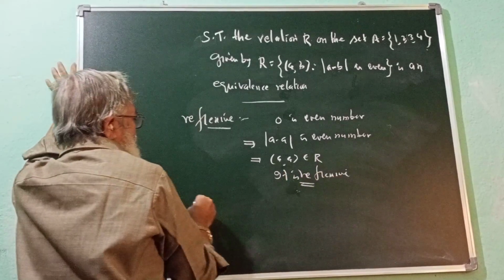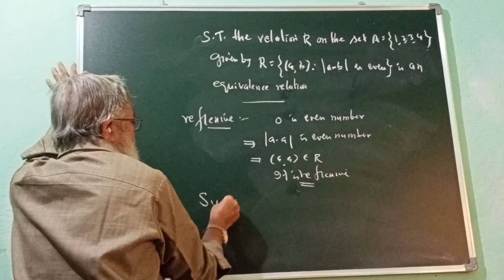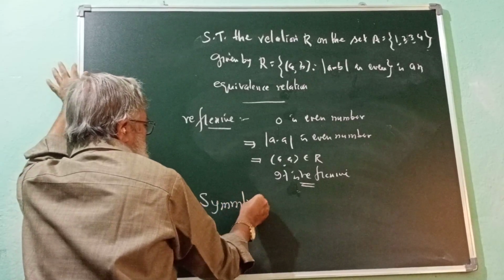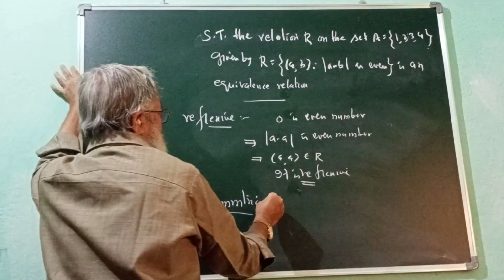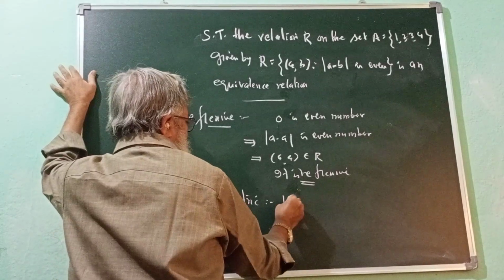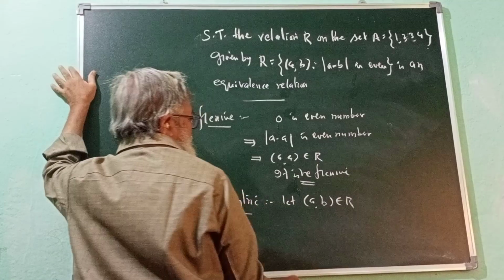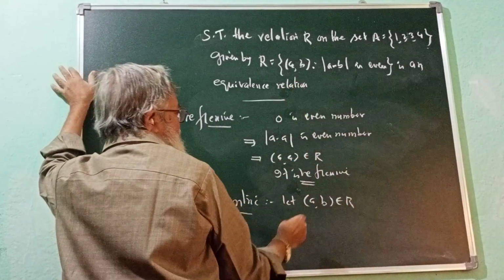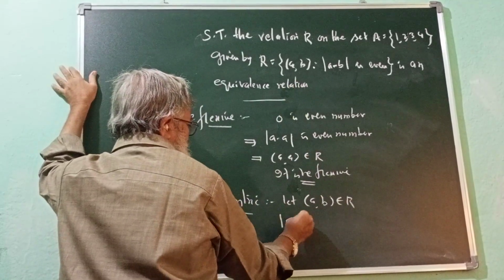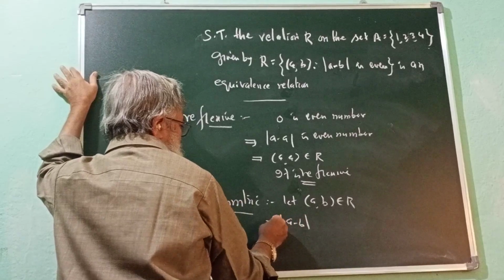Now let us check for symmetric. Let (a, b) belong to R. According to the given condition, mod of a minus b is even.